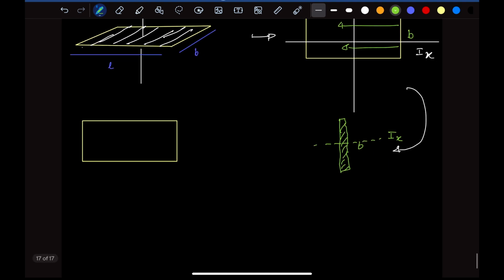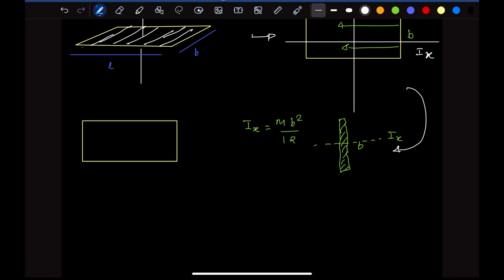So Ix would be mb square divided by 12, using the formula of the rod. In case you don't know the formula for the moment of inertia of this rod, we have derived it in the previous lectures. So go through the playlist, you will find the moment of inertia of the rod. You can understand there.